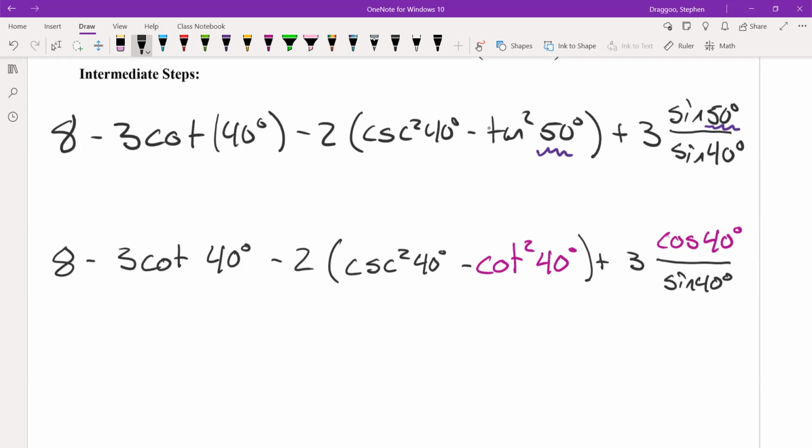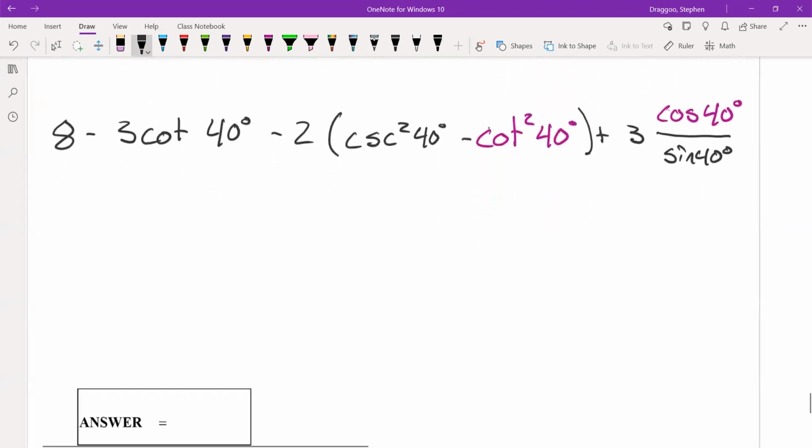So my first step every time I verify one of these identities is always apply cofunction identities first, get just a single angle in the whole problem. After that, if I have any squared trig functions, I'm probably going to want to use a Pythagorean identity.